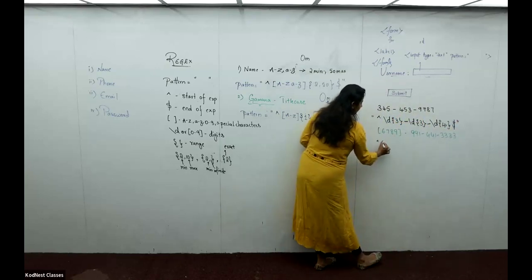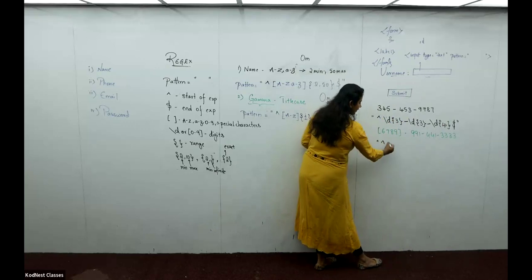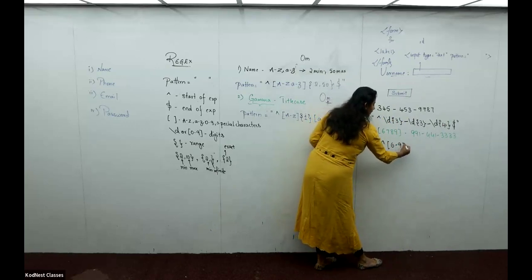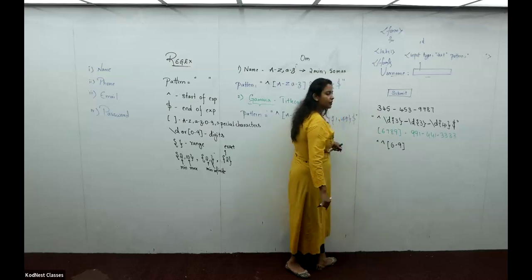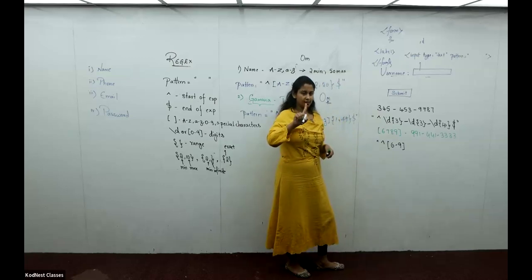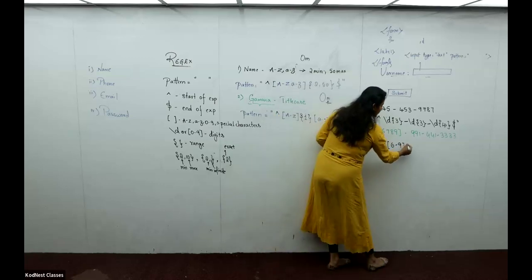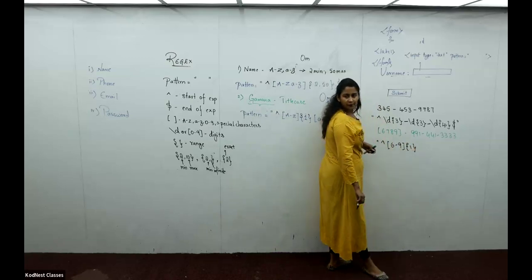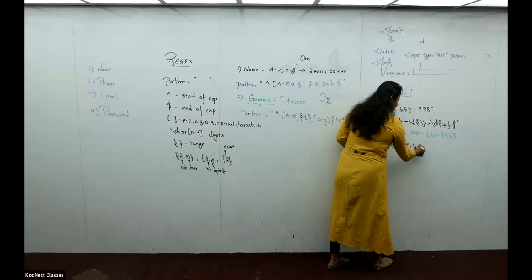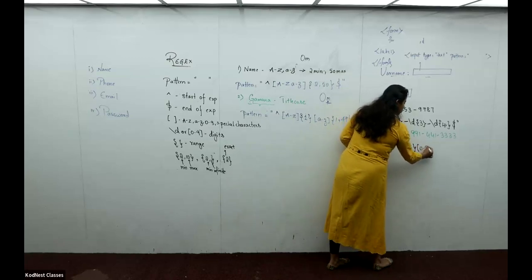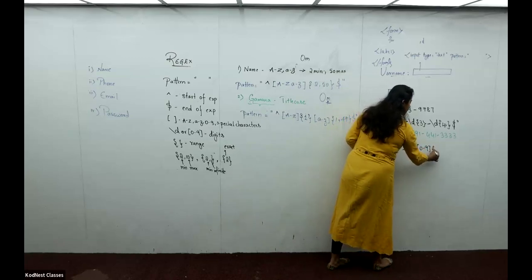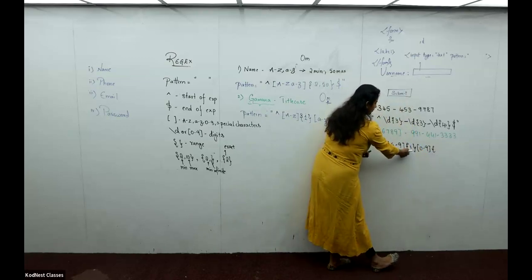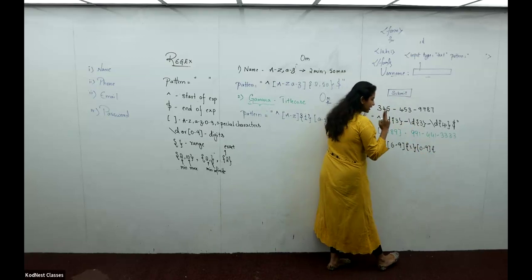So start from caret, and I need to start from 6 to 9. Exactly how many digits should be from 6 to 9? 1 digit, the starting digit. Then 0 to 9 I can have exactly how many digits? 1 is already taken here, so exactly 2 digits.